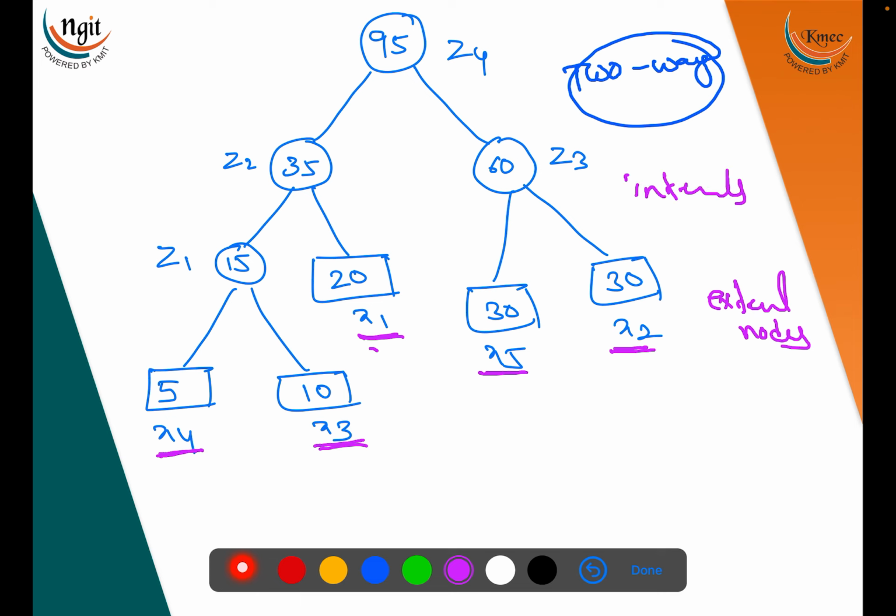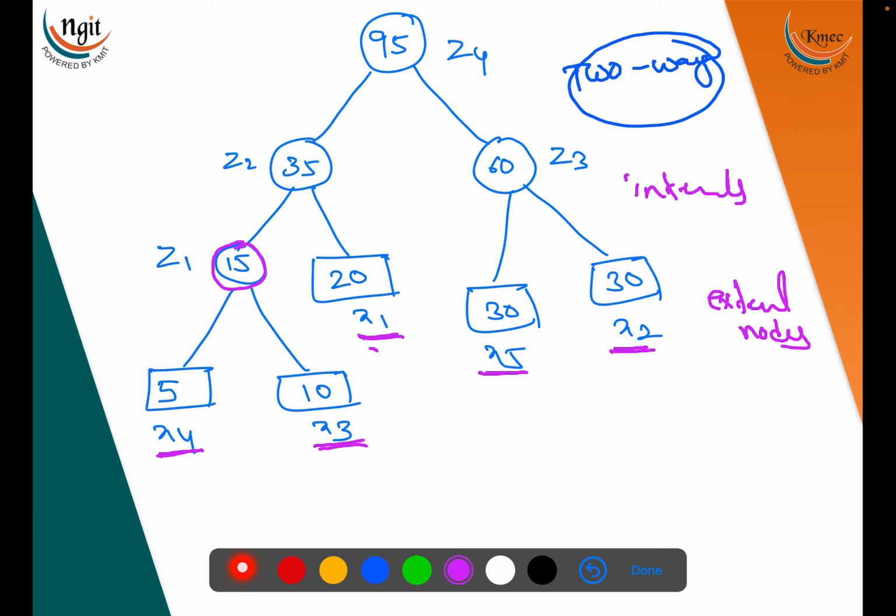Each internal node has exactly 2 children, and it represents the file obtained by merging the files represented by its two children. The number in each node is the length of the file represented by that node. So let us see, 5 plus 10 is 15. Now 15 is the length of these two files merged.